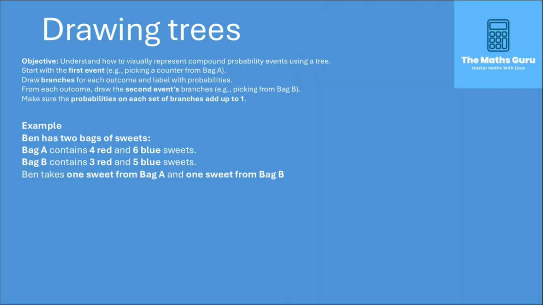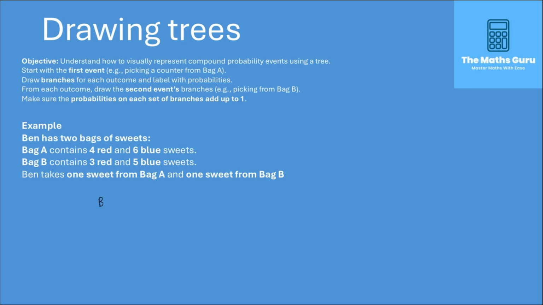Now, looking at our example, it tells us Ben has 2 bags of sweets. Bag A containing 4 red and 6 blue. Bag B contains 3 red and 5 blue. Ben takes 1 sweet from bag A and 1 sweet from bag B, and we have to draw a tree to represent our probabilities.